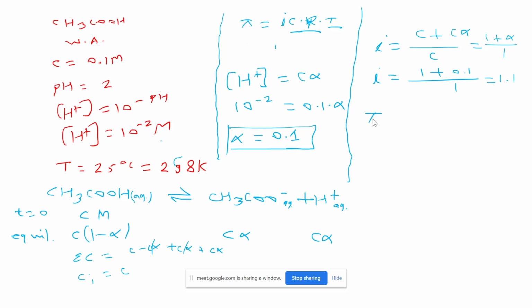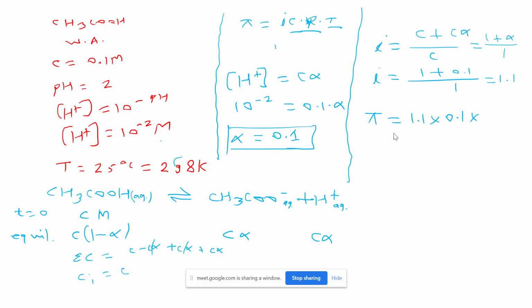Now you can find pi easily. 1.1 for the value of i, then C, that is 0.1. Can you say the value of R here? It can be taken as 8.314 into 10 to the power minus 2 bar liter per mole per Kelvin.